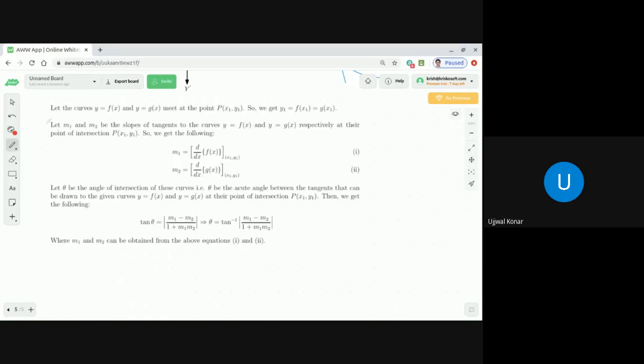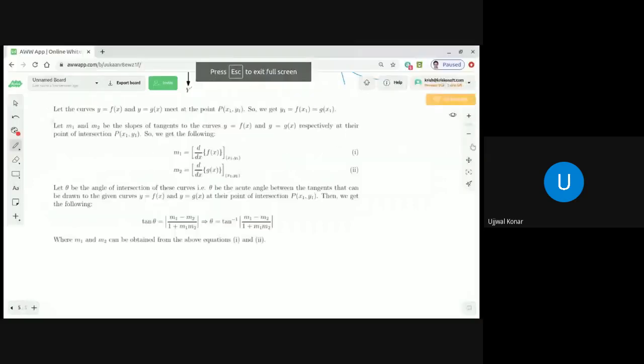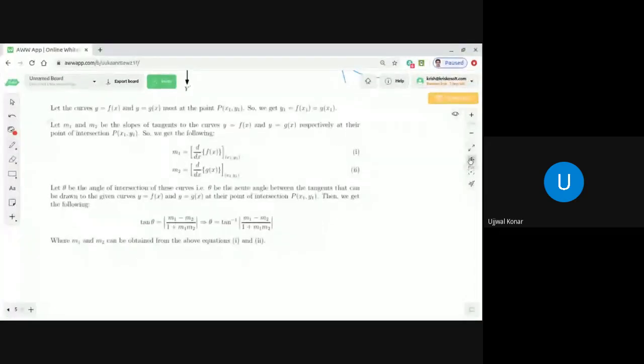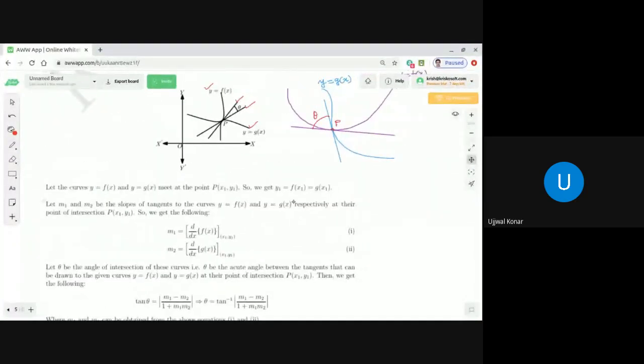Let the curves y equal to f(x) and y equal to g(x) meet at the point P(x1, y1). So the coordinates of the point P are (x1, y1). So we get y equal to f(x1) and y equal to g(x1).